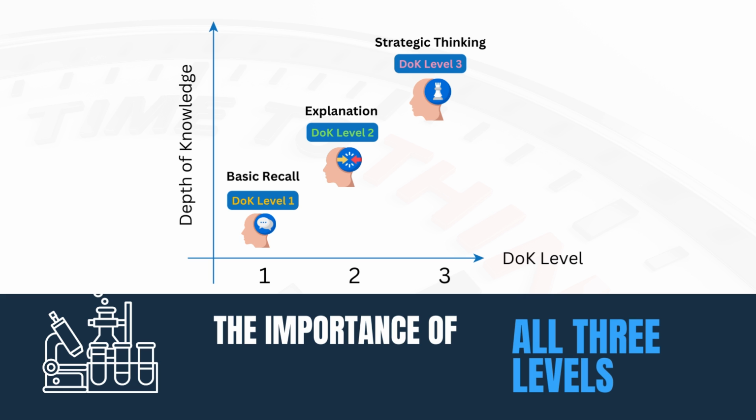So this does have its uses, but primarily DoK level 2 questions are a huge sweet spot for our science teachers because it does require students to think at a higher order, but it doesn't require them to tie a whole lot of different information together, which the level 3 or the strategic thinking often requires students to do.